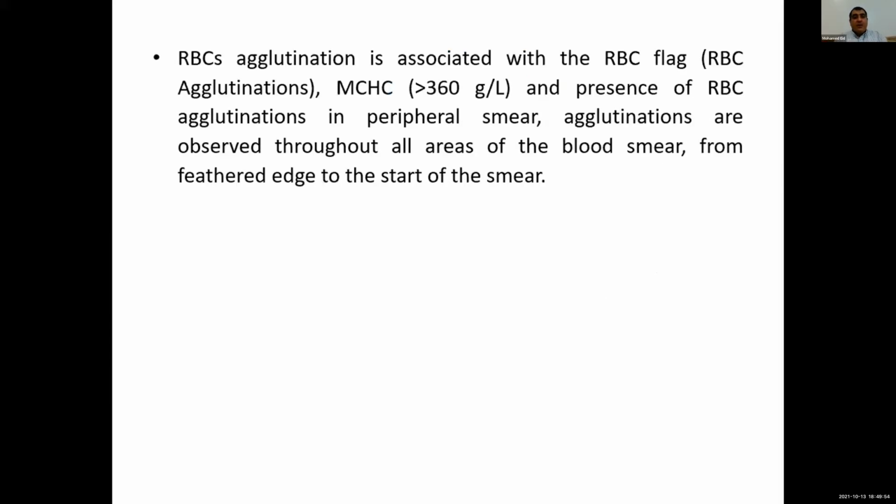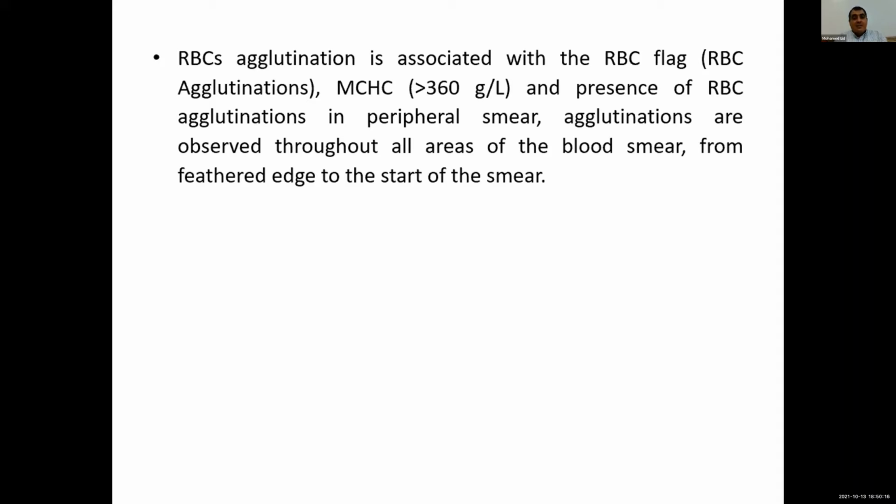RBC agglutination will be associated with a specific RBC flag, which is RBC agglutination, that will appear on the cell counter. And also, as I mentioned, we can notice in the indices that MCHC will be more than 360 gram per liter.